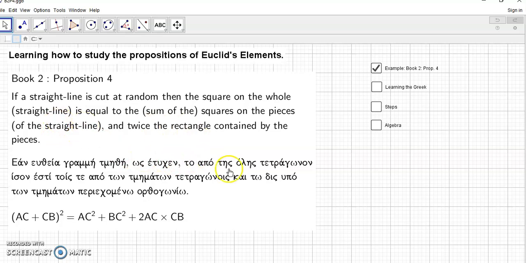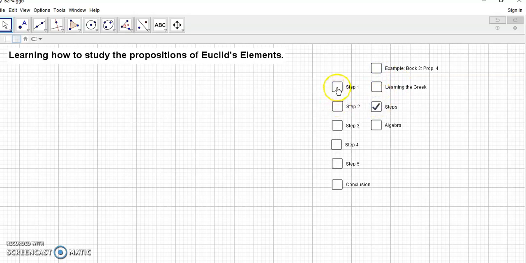Now this isn't a particularly hard one, and if you're using mathematical algebraic software like Geogebra or MATLAB or any of the others, Mathematica, the way you should do it is as follows, and I'm going to show you how to do this in steps. So the first step is: if a straight line.